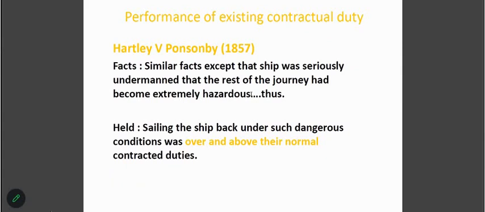Performance of existing contractual duty: Hartley versus Ponsonby, with similar facts, except that the ship was seriously undermanned. The rest of the journey had become extremely hazardous. Now, sailing the ship back in such condition was over and above the contracted duty. True.